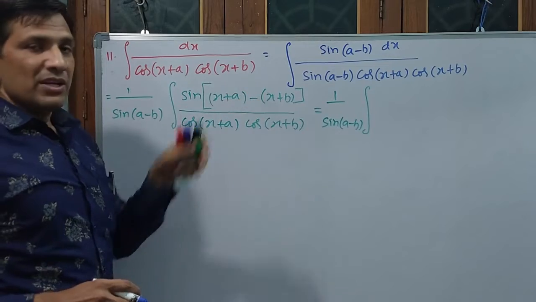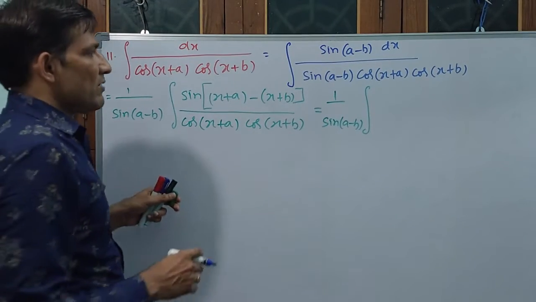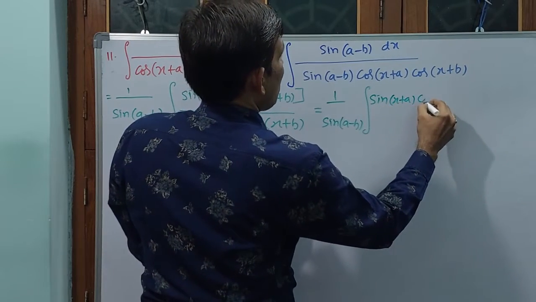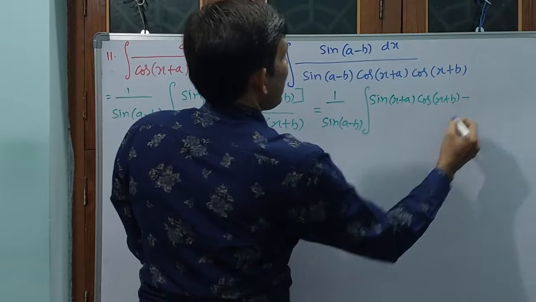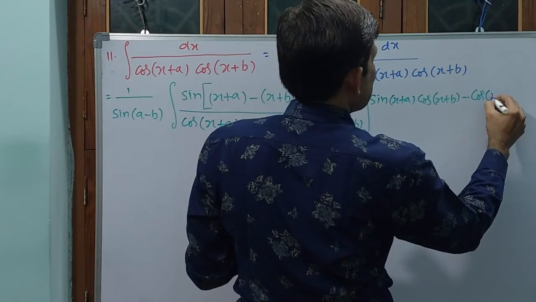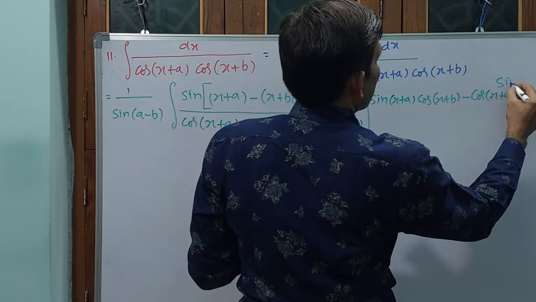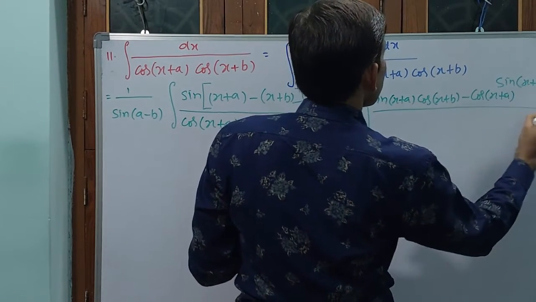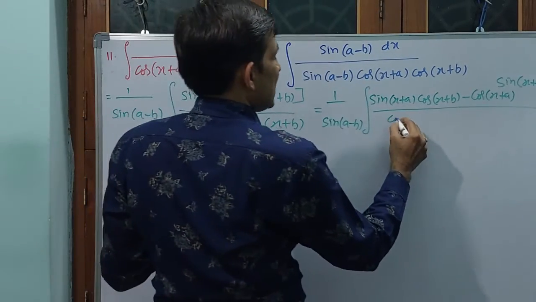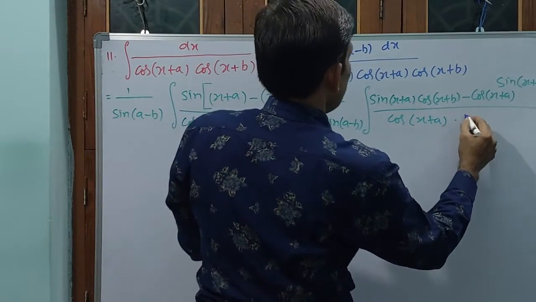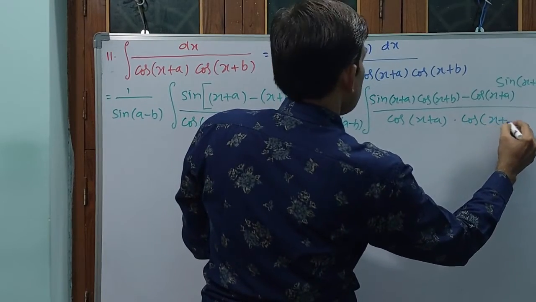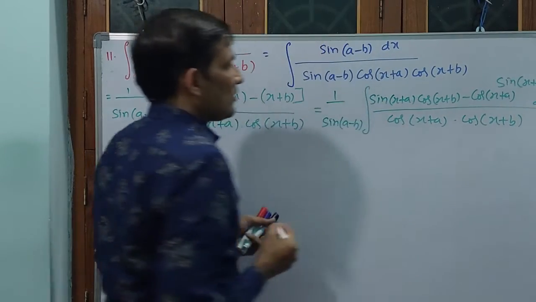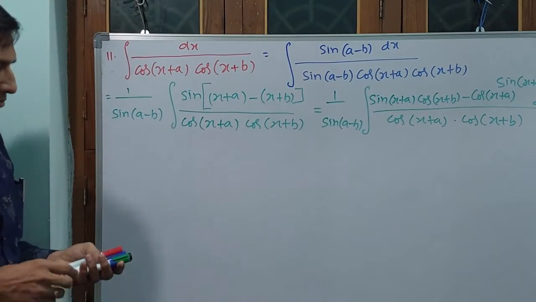Sin of a minus b is sin a cos b minus cos a sin b, write down, sin a cos b minus cos a sin b, divided by cos x plus a into cos x plus b. I think dx also has to be written here, dx, or shall I write it at the bottom?